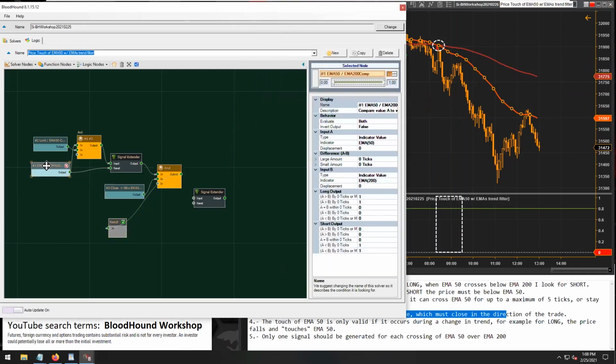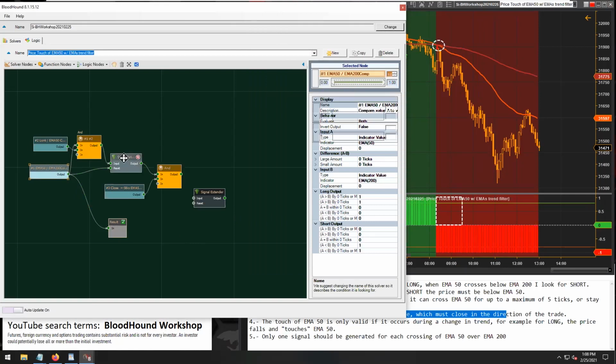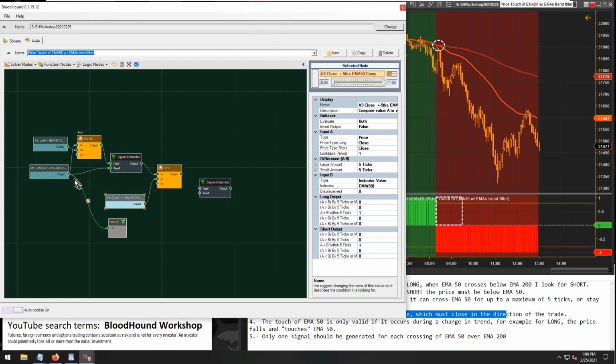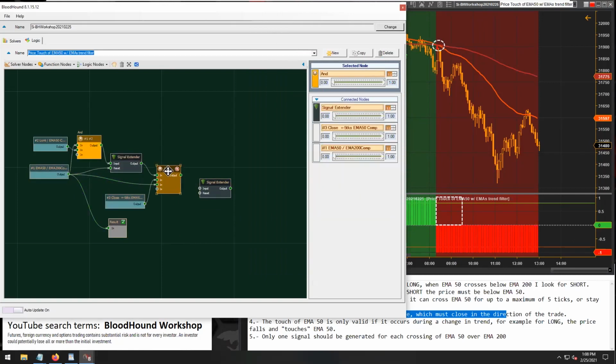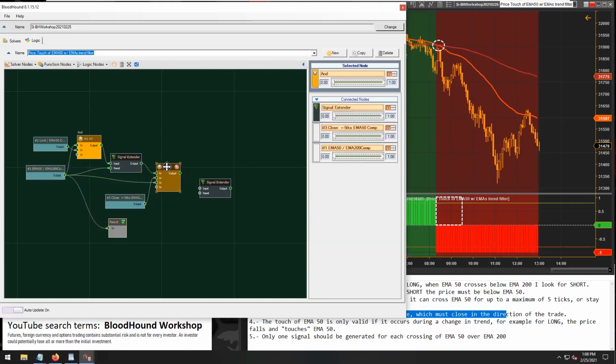There's a couple ways I can do that. Basically, this guy here is telling us the direction that we're allowed to have trade signals. So I can use this to either reset signal extenders, and or I could also connect it in to these AND nodes as a filter.